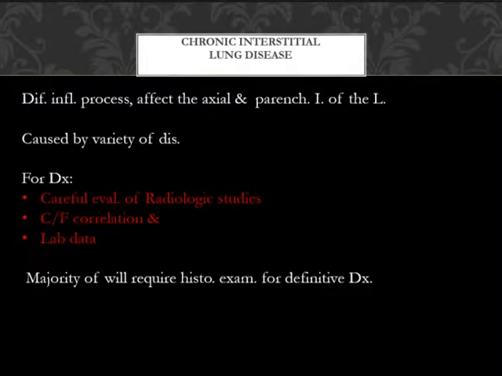We cannot diagnose chronic interstitial lung disease on the basis of CT alone. We should combine the evaluation of the radiological study, clinical correlation, and also the lab data. Even at that time, the majority will require a histological examination for definitive diagnosis.